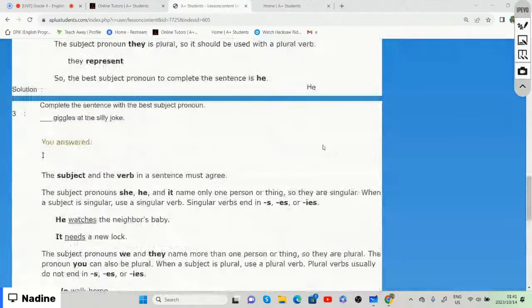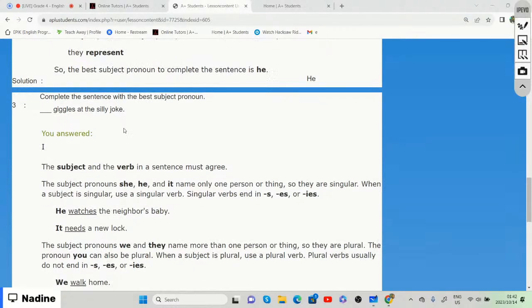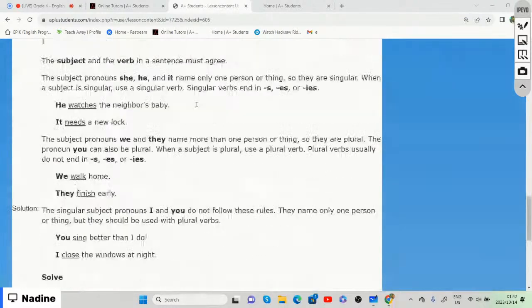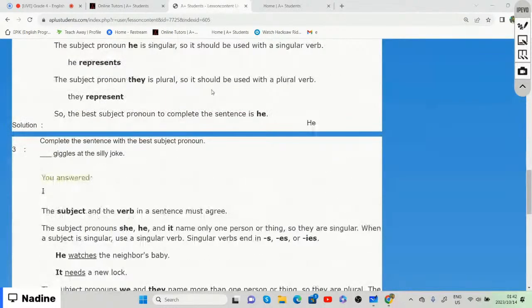Giggles at silly jokes. Who giggles at silly jokes? So we need to say who giggles at silly jokes. Is it she? Is it her? Is it he? Is it him?